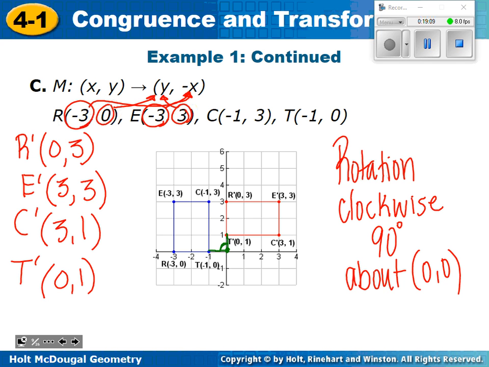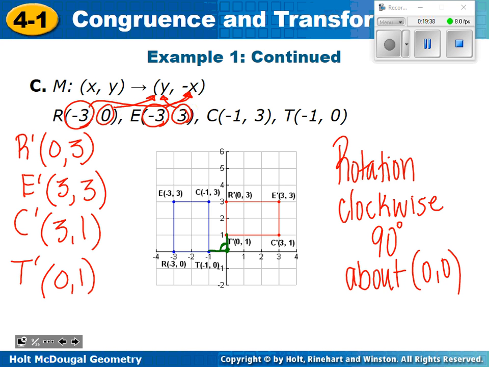Okay, so I'm going to write it down over here on what we've discovered. So number 4, (x, y) arrow. If I want to do a 90-degree rotation clockwise, I switch the y and the x, and the x changes to a negative. That is a rotation 90 degrees clockwise.